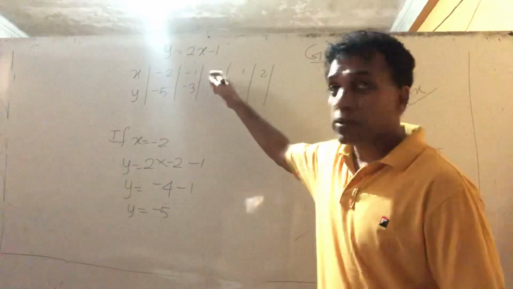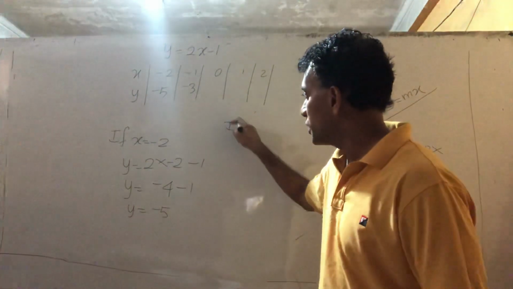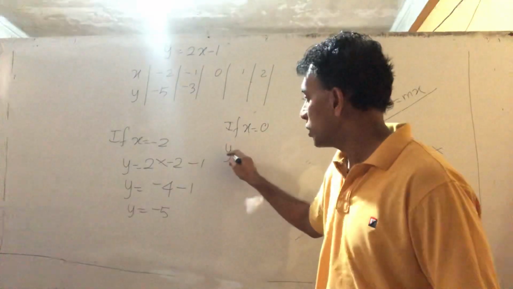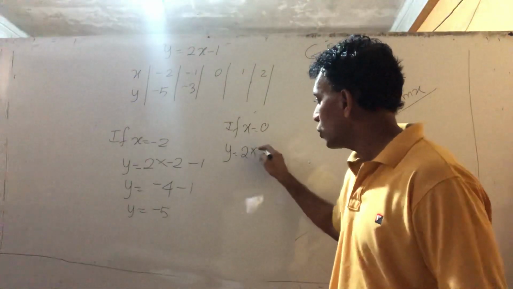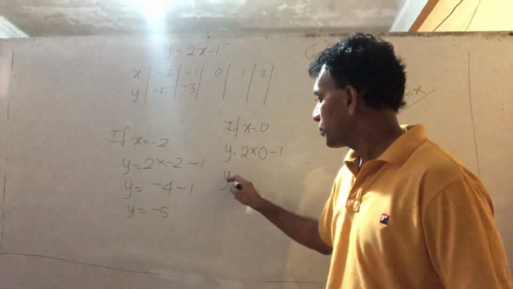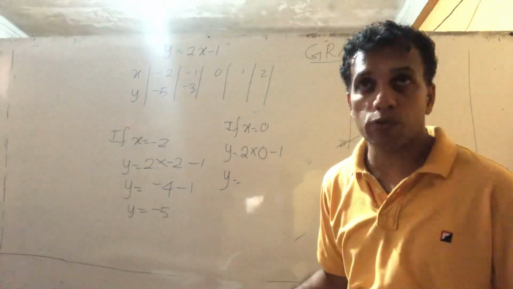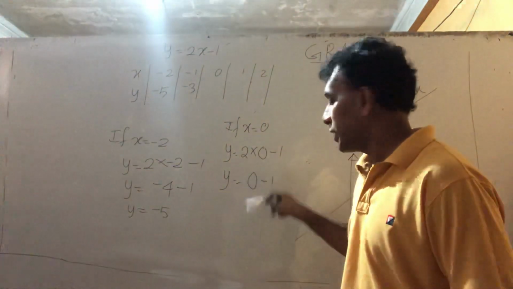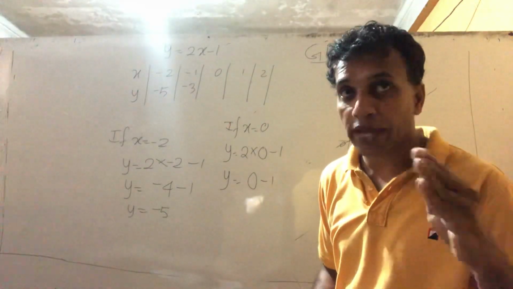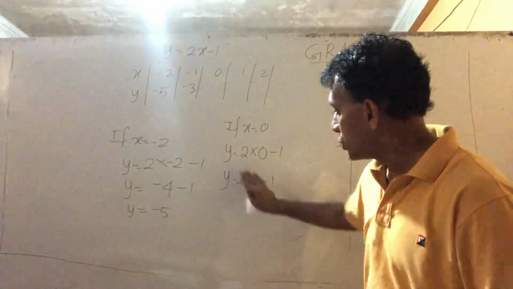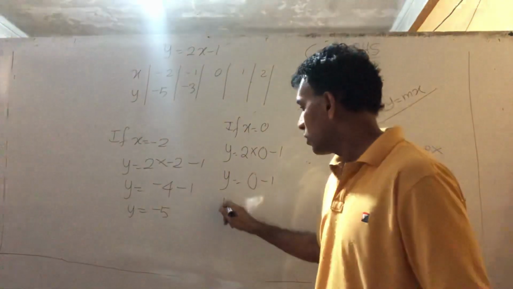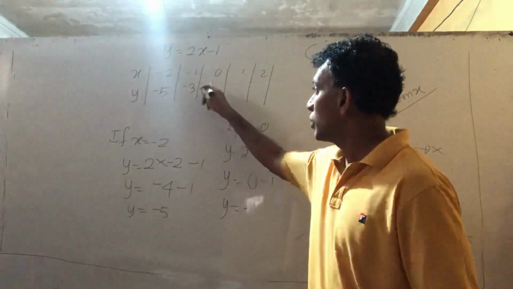Similarly, put x as 0. What is y? 2 times 0 minus 1. 2 times 0 is 0. Importantly, if you miss one table value, the graph will not be accurate, a different shape. So 0 means nothing. Answer minus 1.